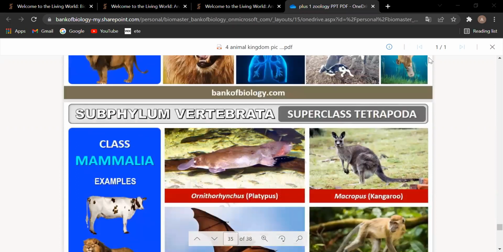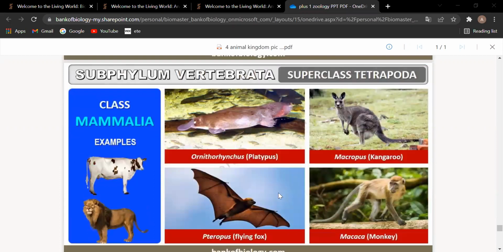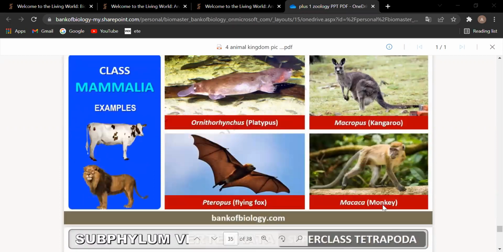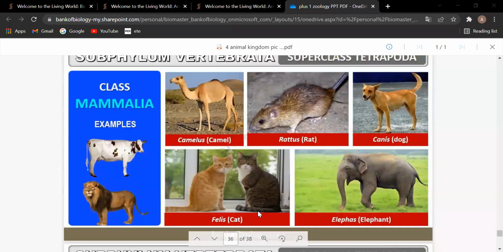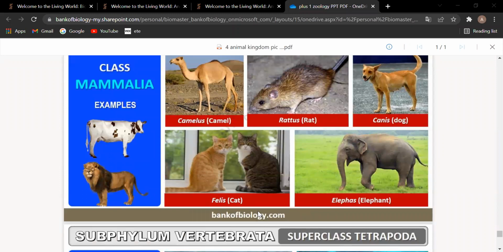Examples, what are they? This is Platypus, kangaroo, flying fox, monkey, that is Macaca, Macropus, Ornithorhynchus, this is your Pteropus, okay, Camelus, Rattus, Canis, Felis, Elephas.